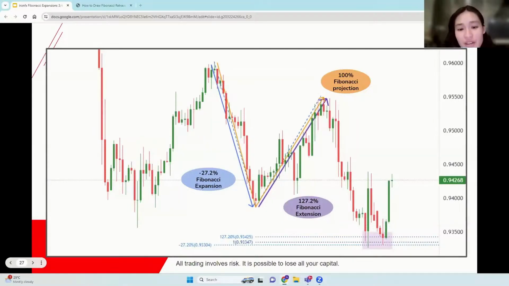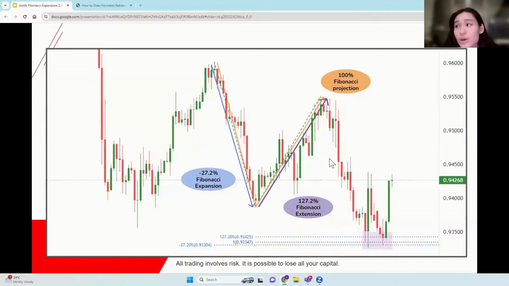here we have a minus 27.2% Fibonacci expansion, which is in blue over here. You can see the lightning bolt shape. And then our Fibonacci extension, which again is the Nike tick, which is the purple arrow. In this case, it is also an inverted Nike tick.